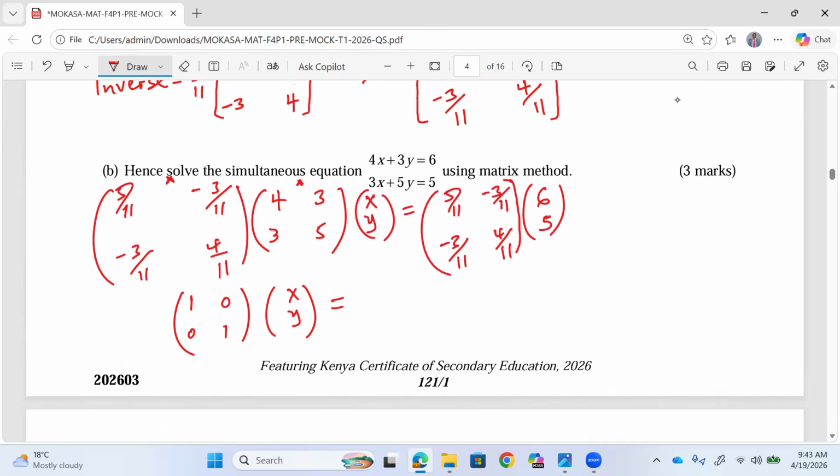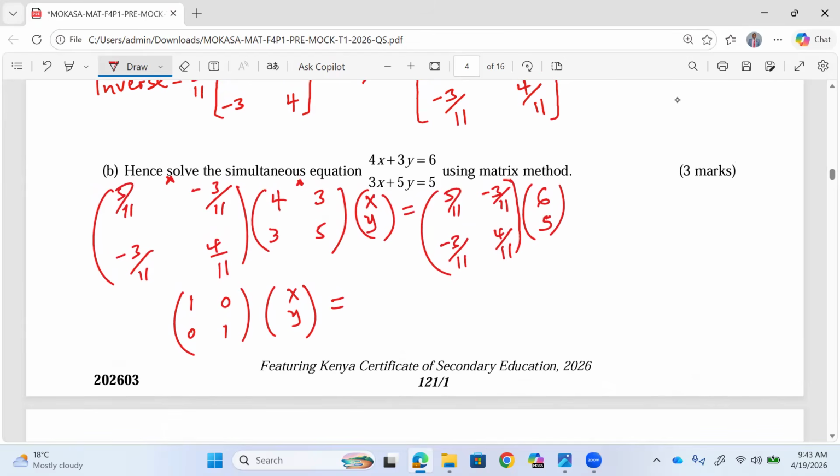So you don't have to perform the multiplication on the left-hand side because it's a matrix times its own inverse. It will simply give us the identity matrix.